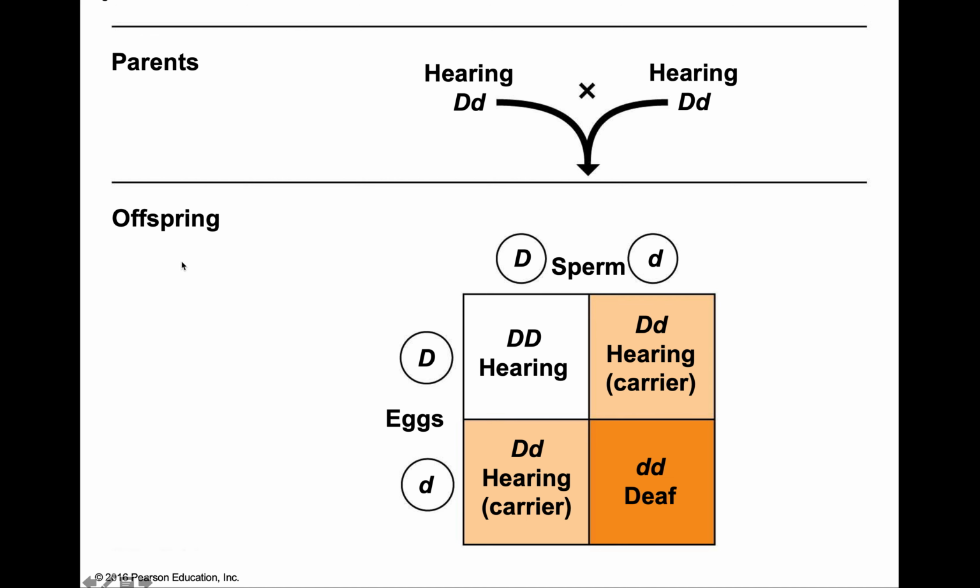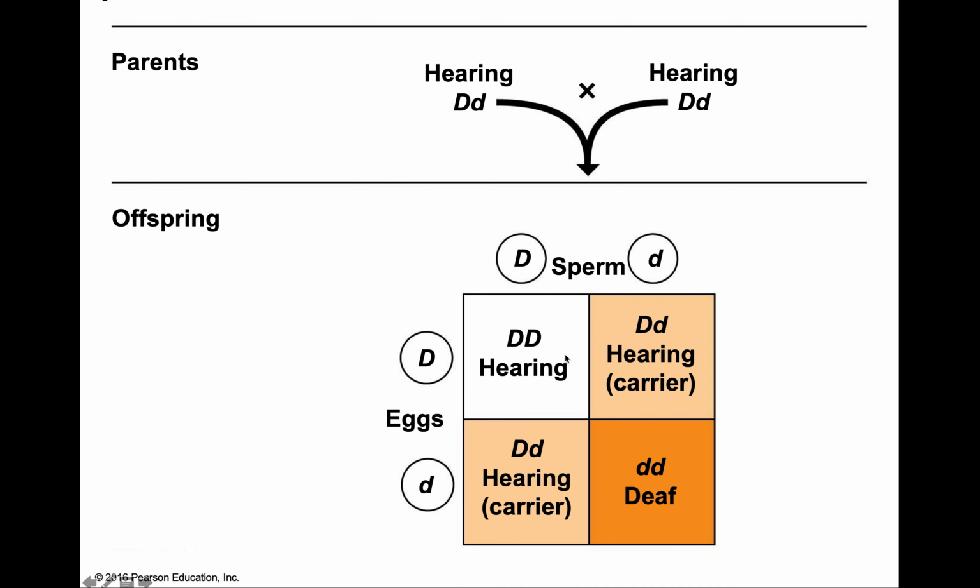In this example, I have a heterozygous mom and a heterozygous dad, and they're both carriers. It produces a 50% chance of having a kid that's also a carrier.